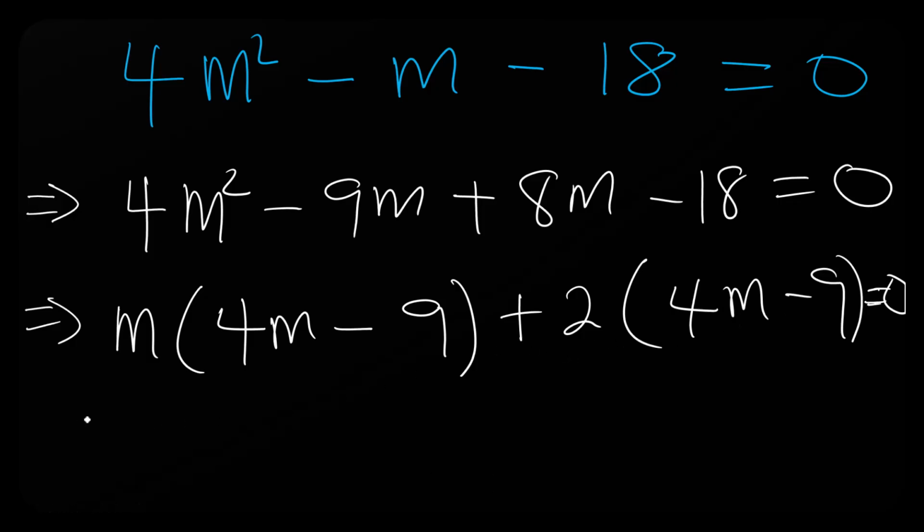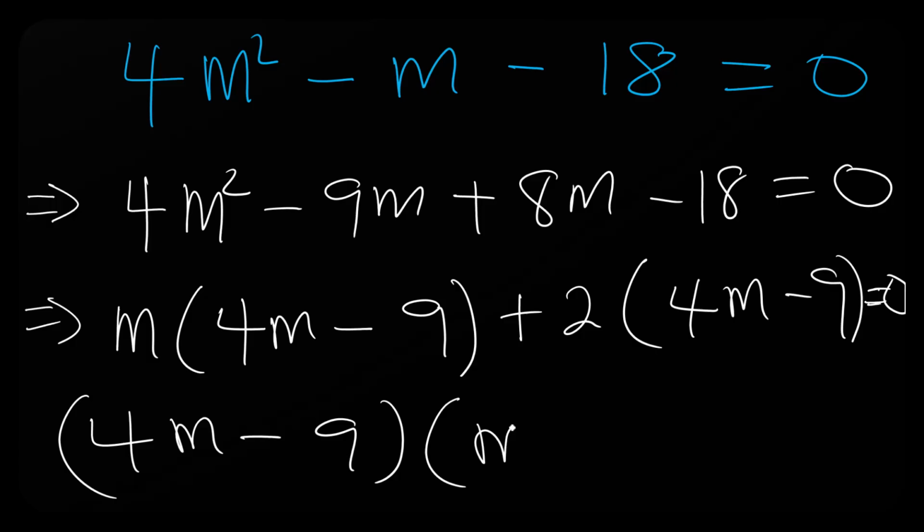So we have 4m minus 9 and we have m plus 2 equals 0.